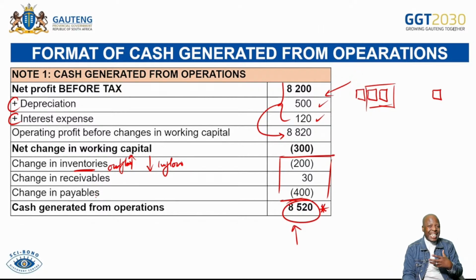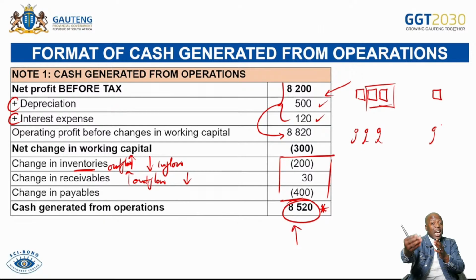Receivables, we're talking about our debtors now. When our debtors increase, it means debtors are not paying. And once your debtors are increasing, that's a cash outflow. But again, to understand this, let me give you a picture. Let's say we have 3 debtors here that owe us. But at the end of the period, we only have 1 debtor.